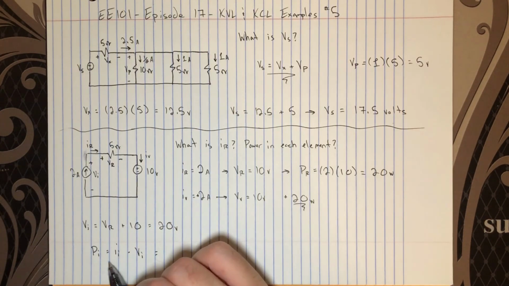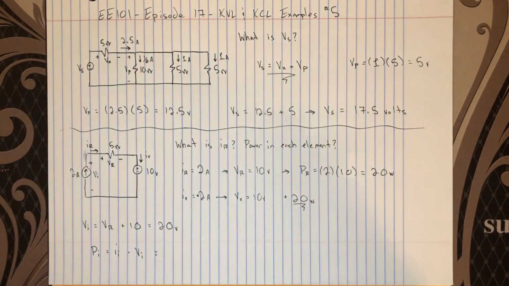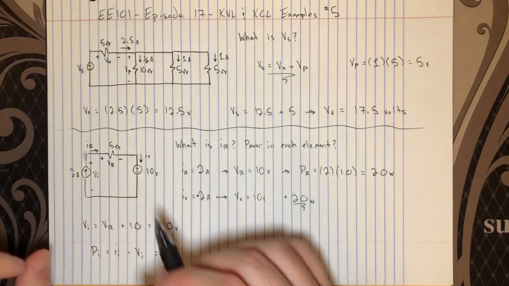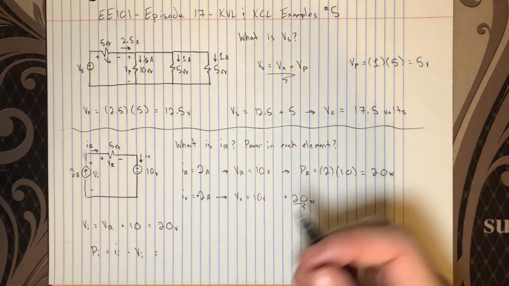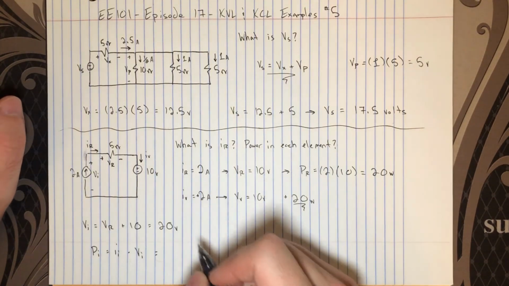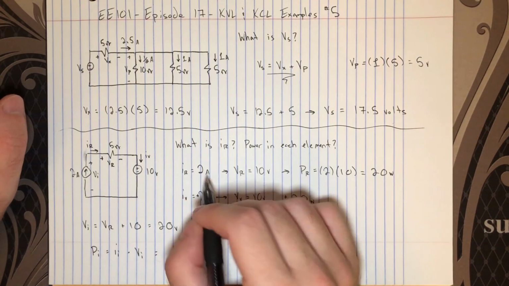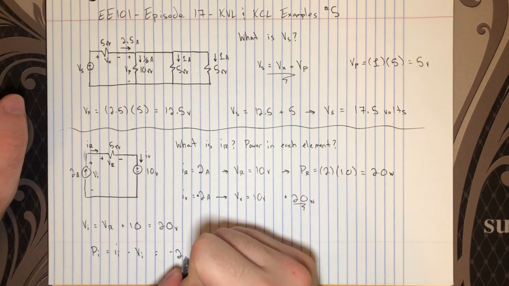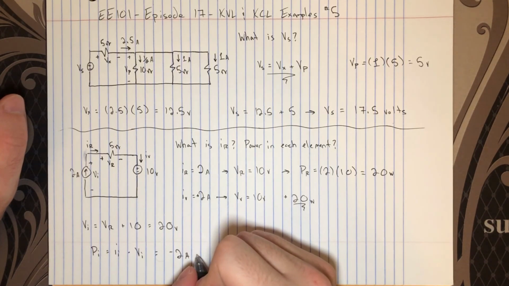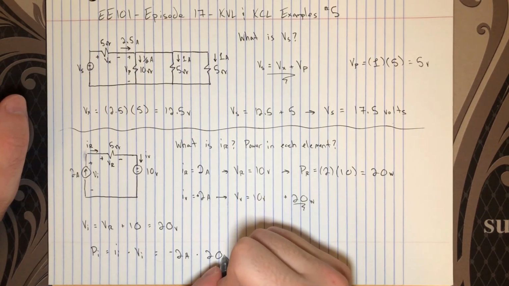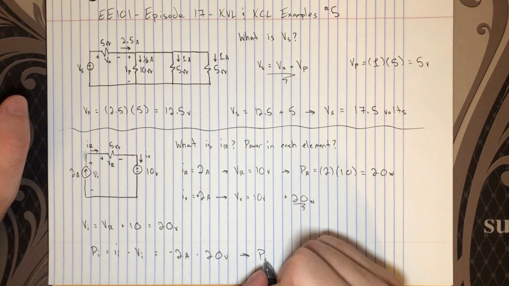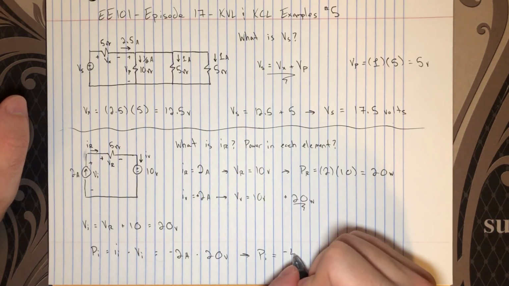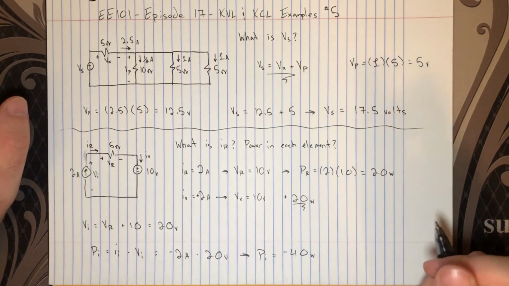And this is very common. You usually say that the current is either positive or negative with respect to the voltage, depending on whether it's entering or leaving the positive node. And so because we have an IR of 2 amps, we have a minus 2 amps here, times the 20 volts across it, which gives us a PI of minus 40 watts.